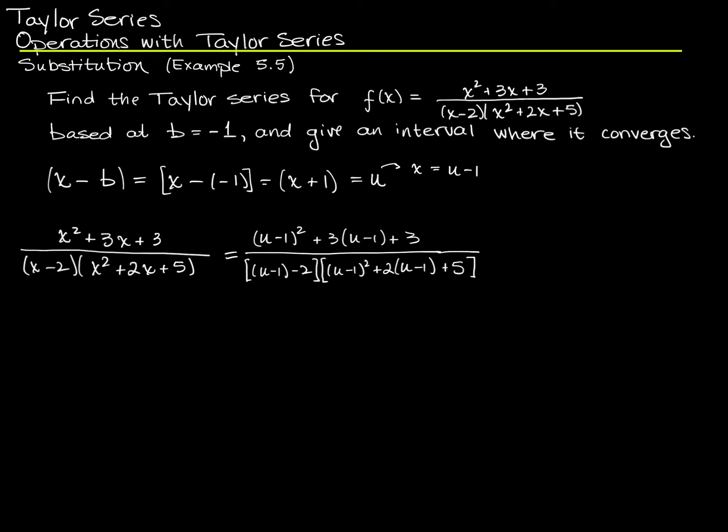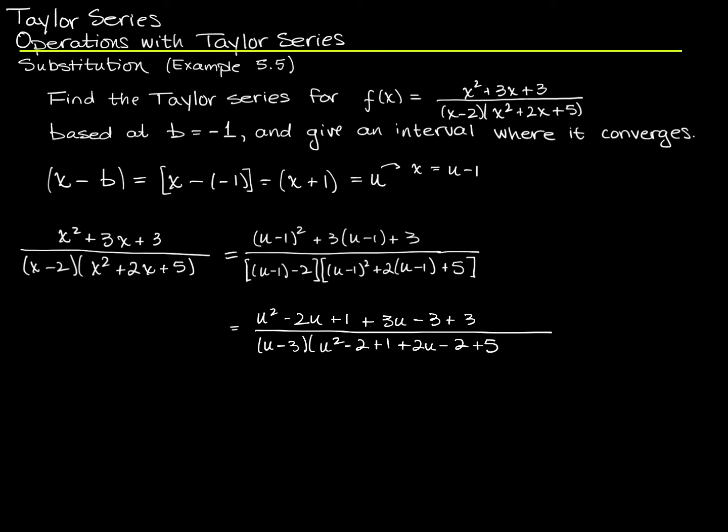And when I simplify that, I get u squared minus 2u plus 1 plus 3u minus 3 plus 3. And down here I'm going to have u minus 3 times u squared minus 2u plus 1 plus 2u minus 2 plus 5.